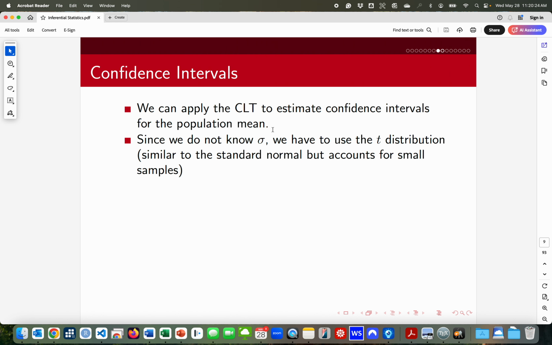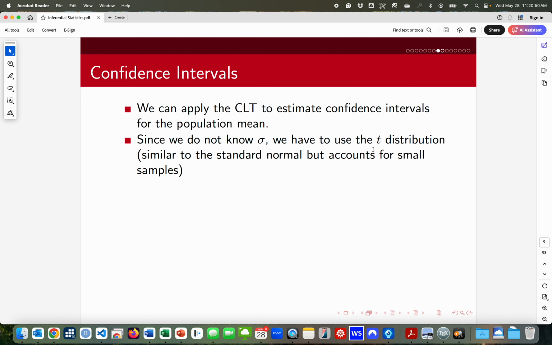So I've been talking about the normal distribution. We can only use the normal distribution if we know the population standard deviation, sigma. But if we are taking samples, we obviously don't know the population standard deviation. You can't know the population standard deviation without knowing the population mean. Our goal is to estimate the population mean, so we cannot know what sigma is, but that's okay.